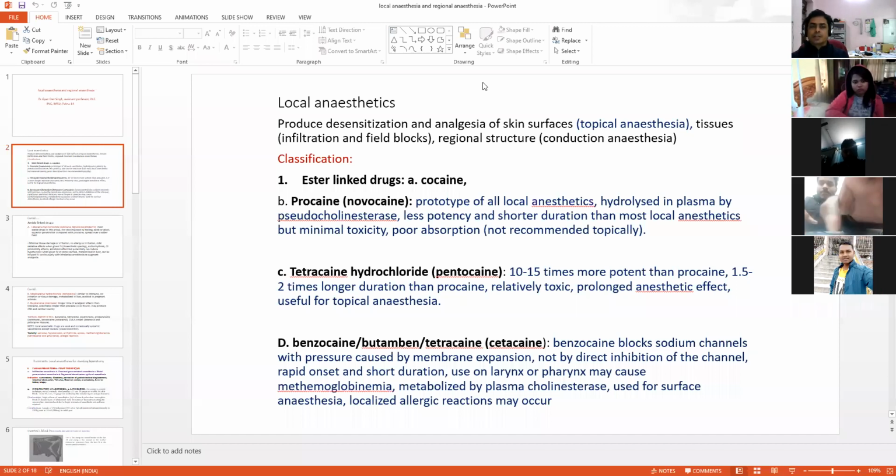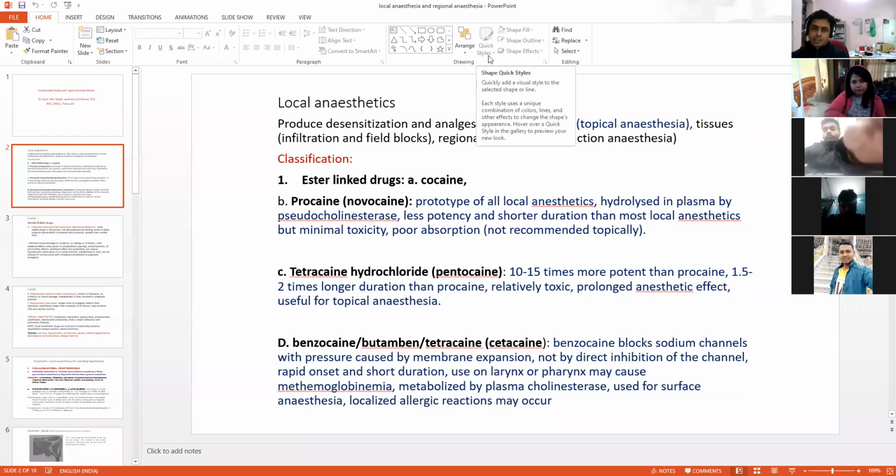For analgesia of tissues, infiltration and field block techniques are used. If you are interested in blocking some region of the body, that is regional anesthesia, also known as conduction anesthesia.